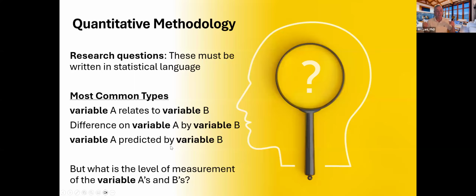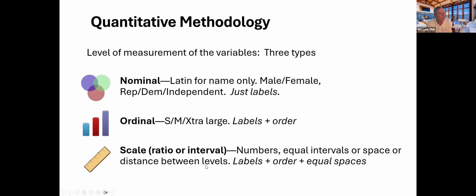Those relating, differences, prediction words capture 25 tests, okay? And we'll talk about those. But that's the language I'm talking about. Again, it's not highfalutin language, but it's connecting variables in particular ways that evoke a type of analysis. So once you have that language, relating, differences, predicted, and we know the levels of measurement, then we can go on.